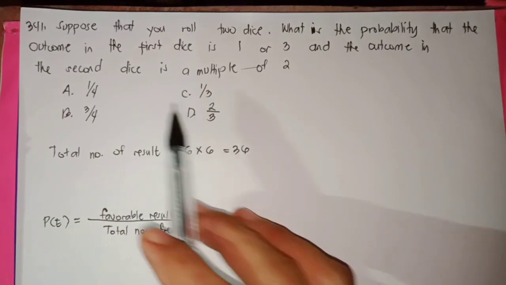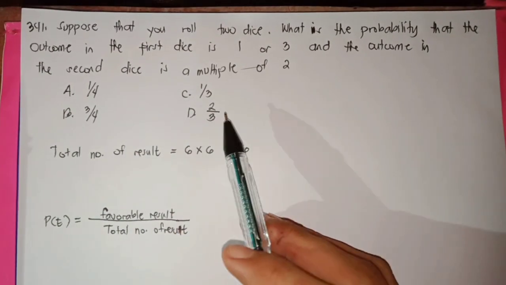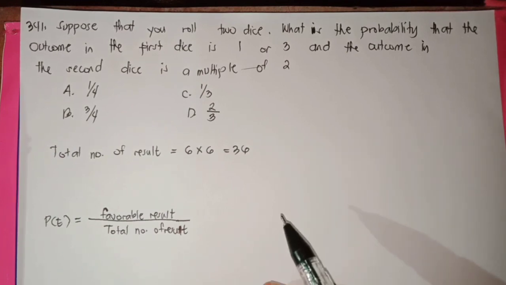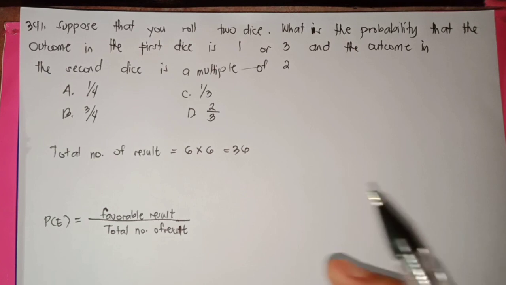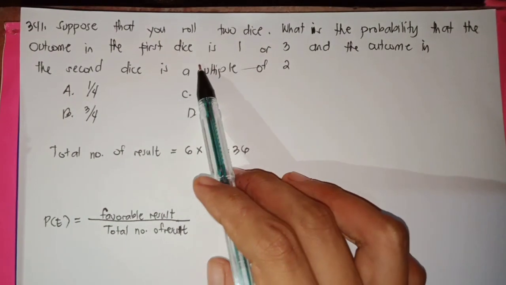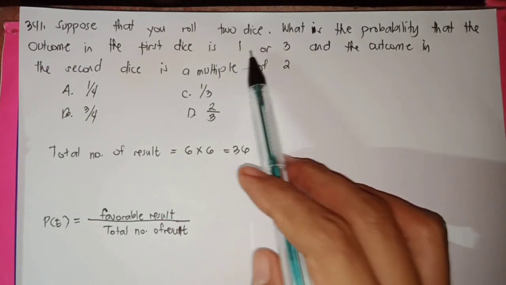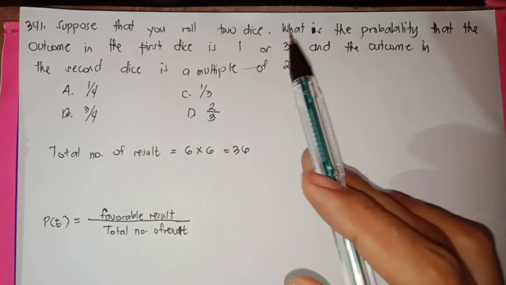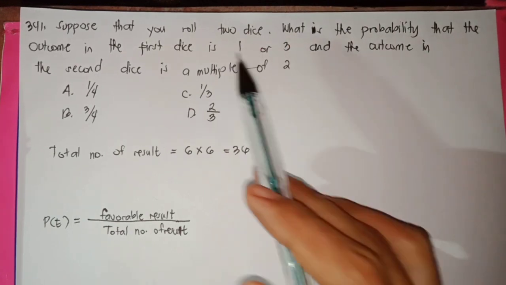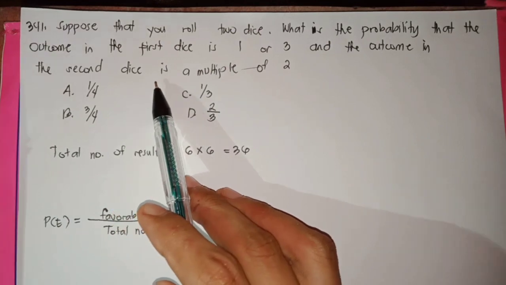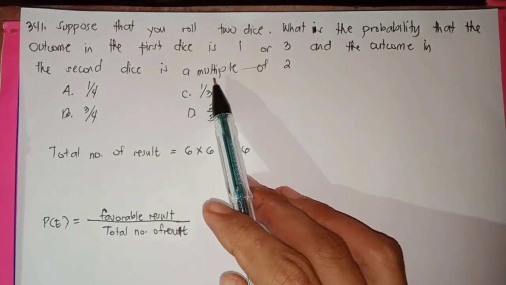Since we already have the value for the total number of outcomes, let us now identify the favorable results. It is said that the first die is 1 or 3. So the first die should have 1 or 3 as the possible outcome, while the second die should be a multiple of 2.